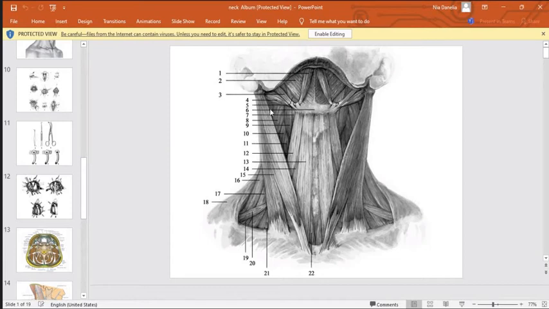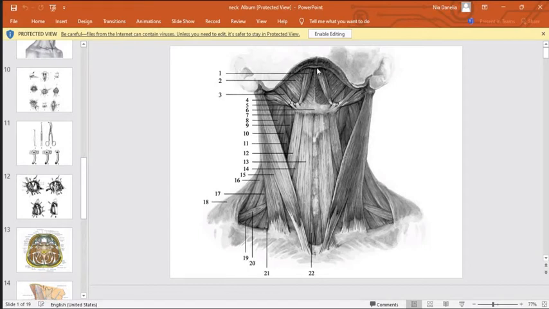In the infrahyoid region, we have two carotid triangles and two omotracheal triangles. In the suprahyoid region, we have two submandibular and one submental triangle.